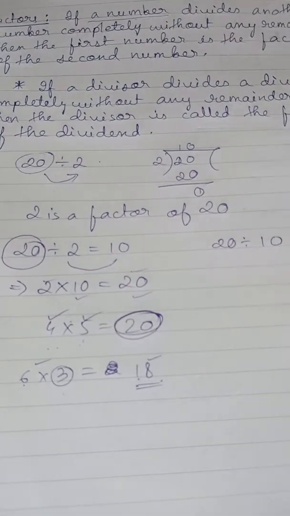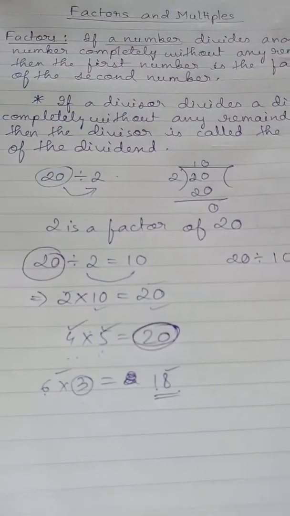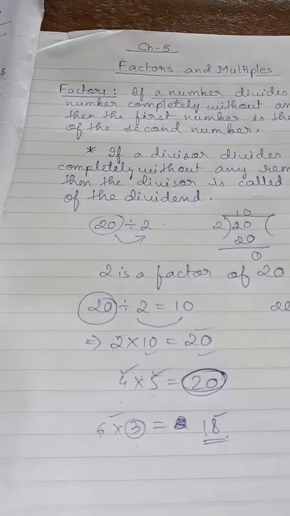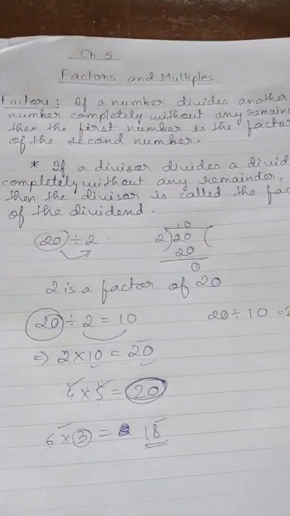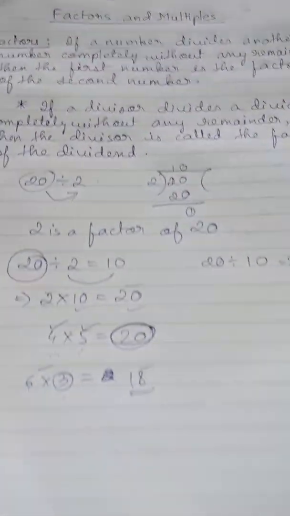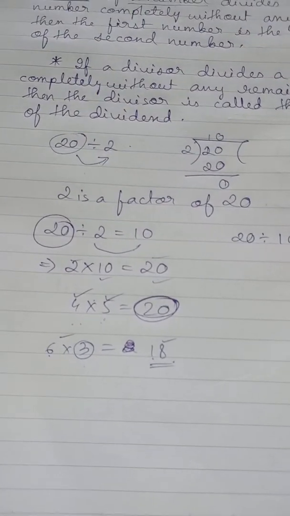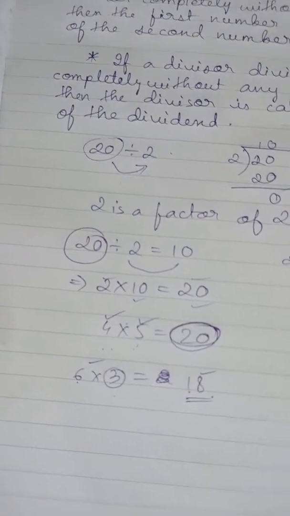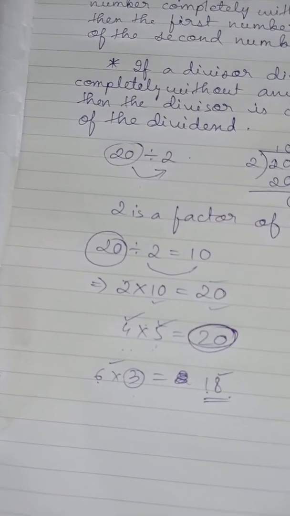Now, how to find out the factors? Before that, we will learn some terms about factors. Say a particular number can have many factors or fewer factors. Now what can be the minimum number of factors a number can have?